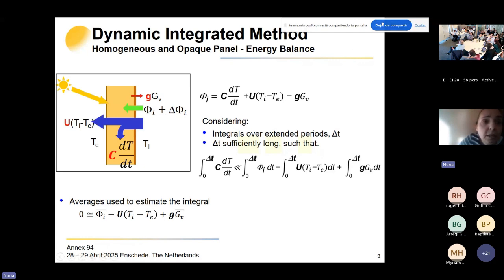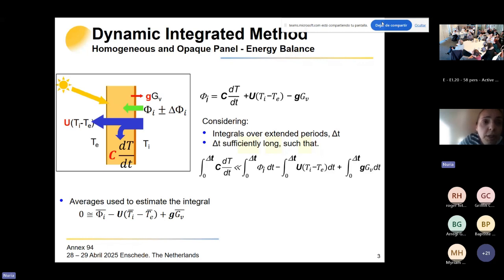With this energy balance equation, we have integrated it over a period that we call delta T. Considering a long integration period, we can consider that this thermal accumulation term is going to be negligible compared to the other terms of the equation. So in this case, we obtain this second equation that you can see in this slide.